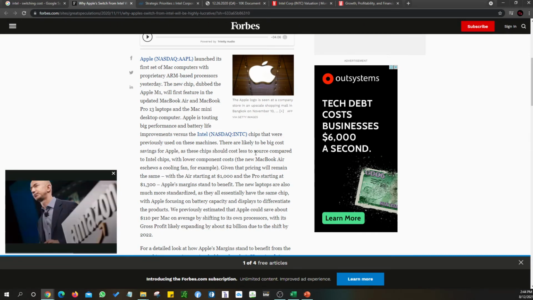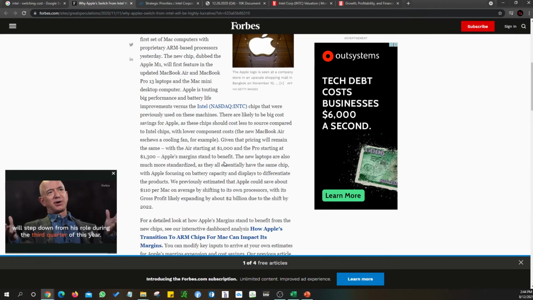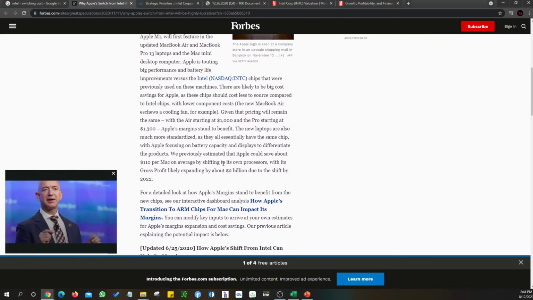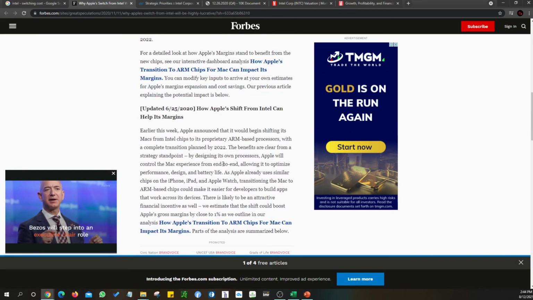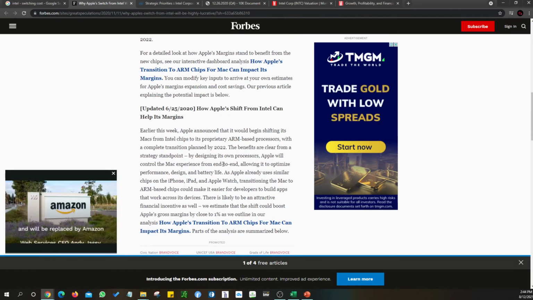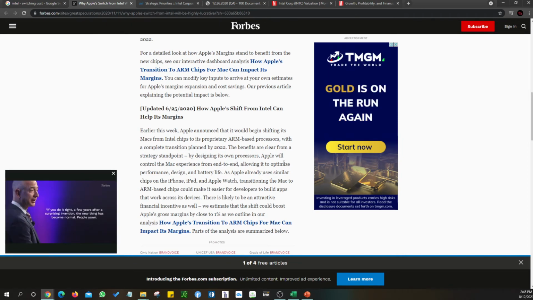It should cost less to source compared to Intel chips. So yeah, I think this news supports ARM.